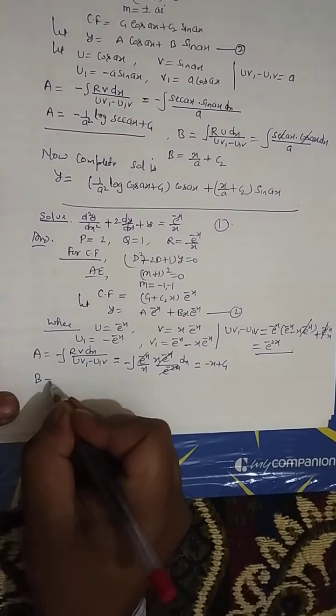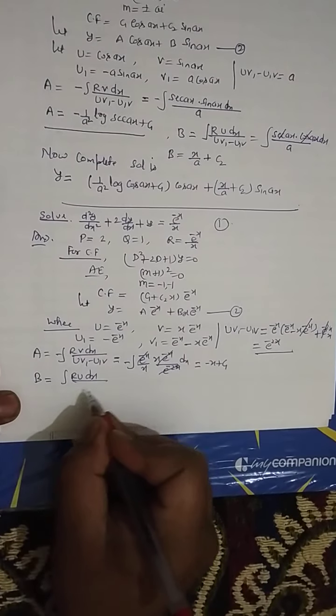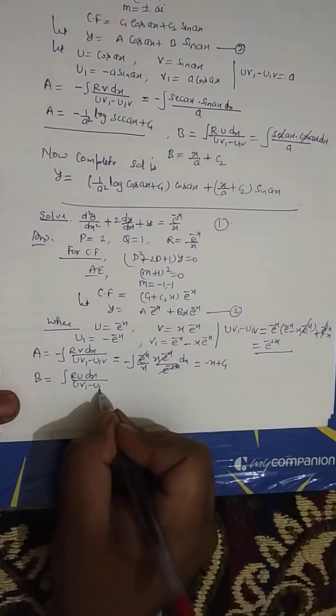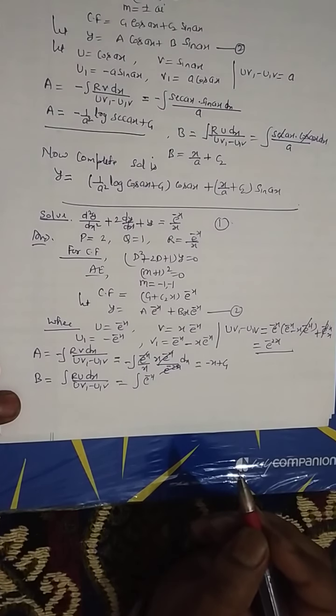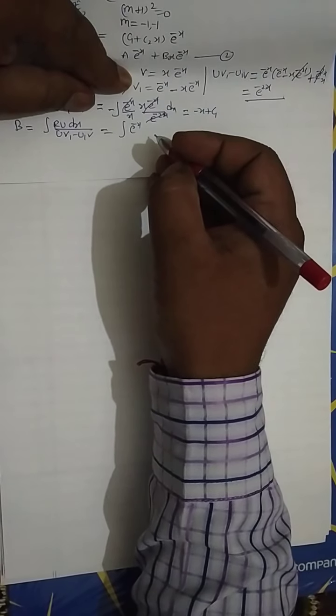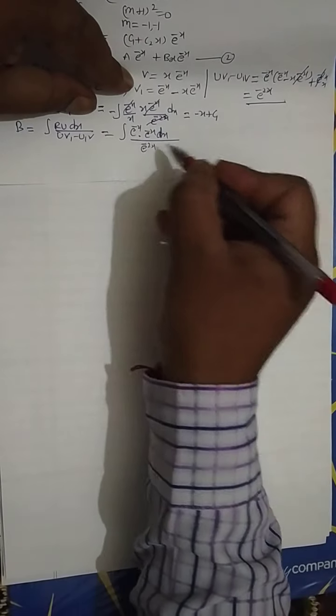Similarly, the value of B is equal to integration of Ru dx upon uv1 minus u1v, equal to integration of e to the power minus x upon x, u equal e to the power minus x, dx upon uv1 minus u1v, e to the power minus 2x.